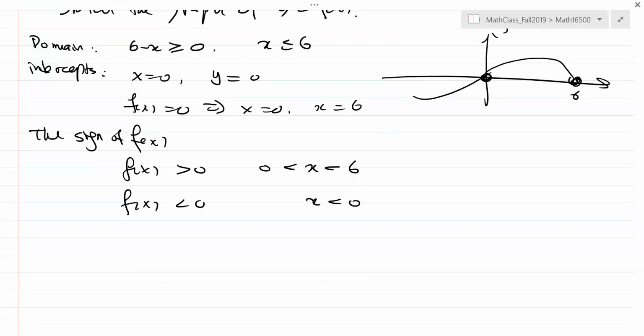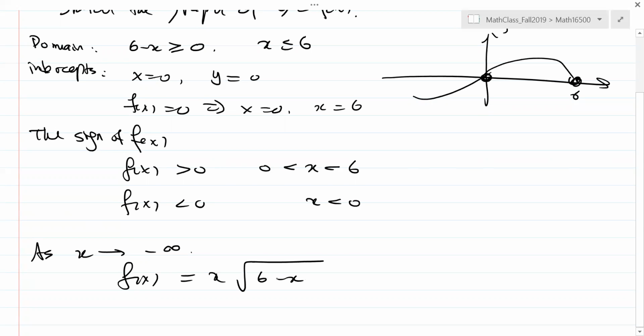But probably we need to know the asymptotic behavior of the function. As x goes to negative infinity, I'm going to look at the function. Here it's x times the square root of 6 minus x.